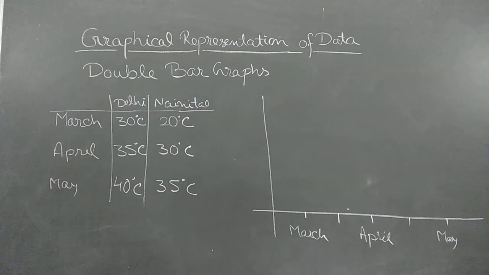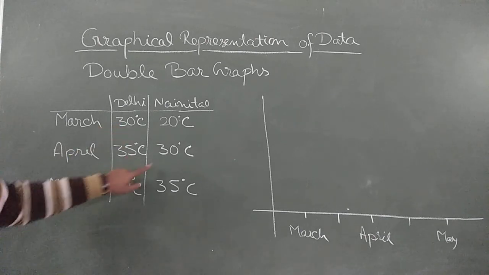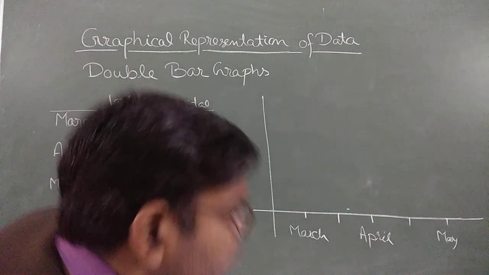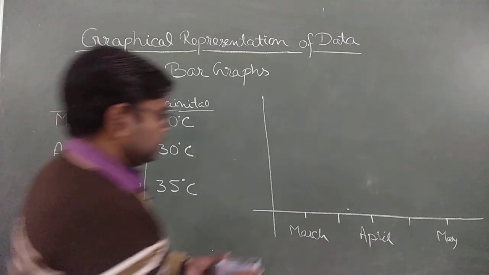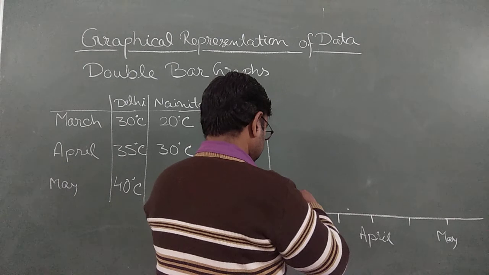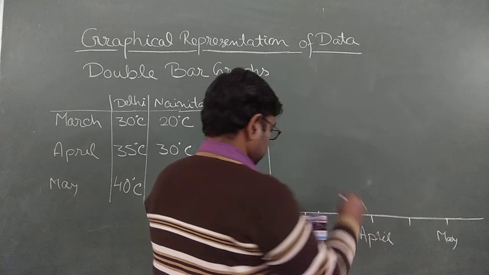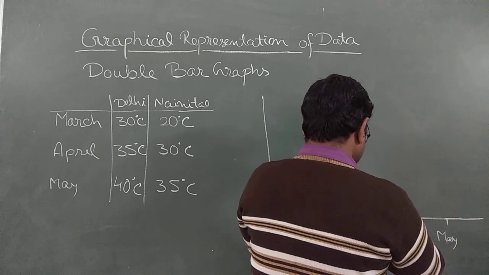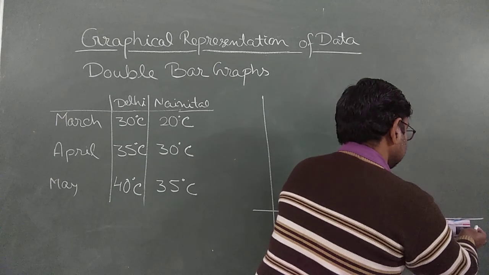Now we have to represent each city's temperature in a single format. The bars for the two data must be equal in width, so we can use a scale to choose the equal distance.